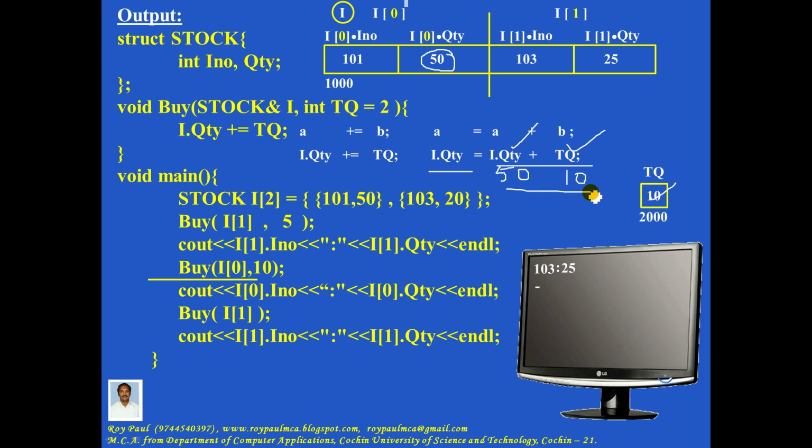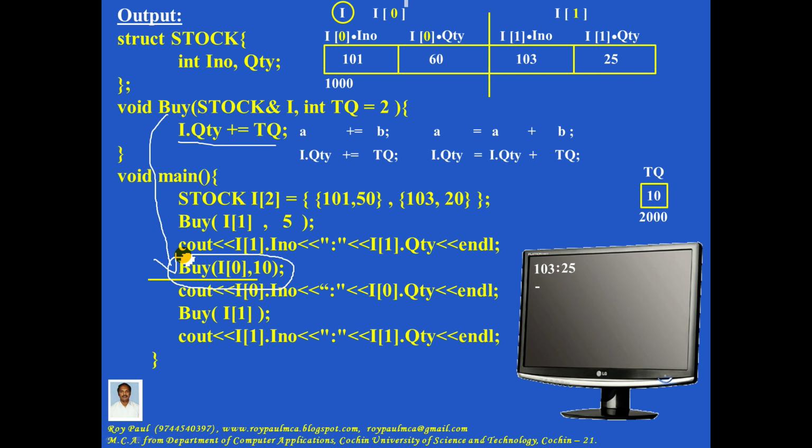So 50 plus 10, 60. That comes in I dot quantity. So this I dot quantity becomes 60. You can see it became 60. Now this is executed. After executing a function, control returns to the point from where the function was called.